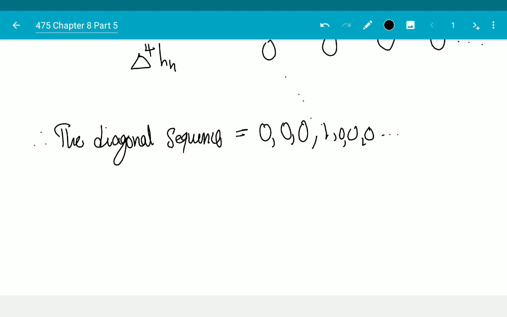Here it just turned out 0, 0, 0, 1, 0, 0, 0. Is there a pattern? Yes, there is.